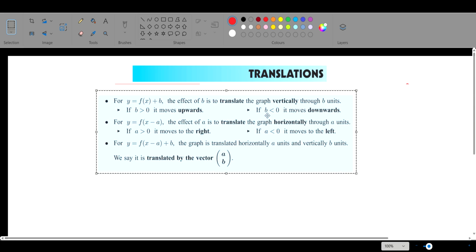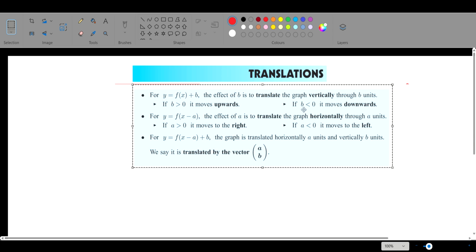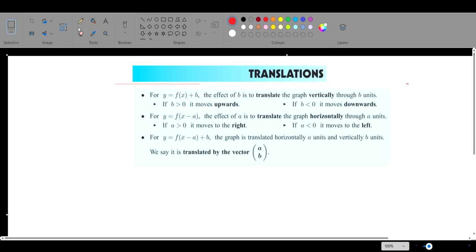Here we have all the points on translation to remember. For y is equal to f of x plus b, the effect of b is to translate the graph vertically by b units. If b is greater than 0, it moves upward; if less than 0, it moves downward. For y is equal to f of x minus a, the effect of a is to translate the graph horizontally by a units.